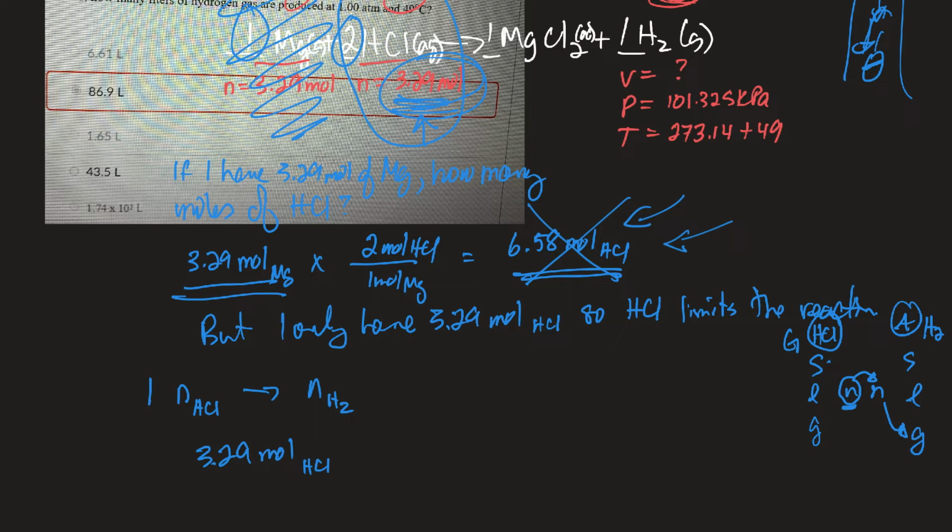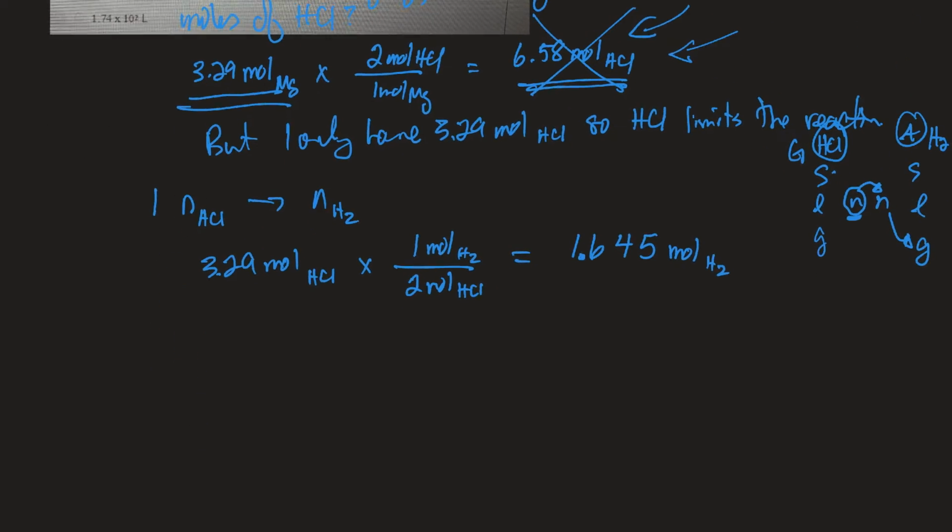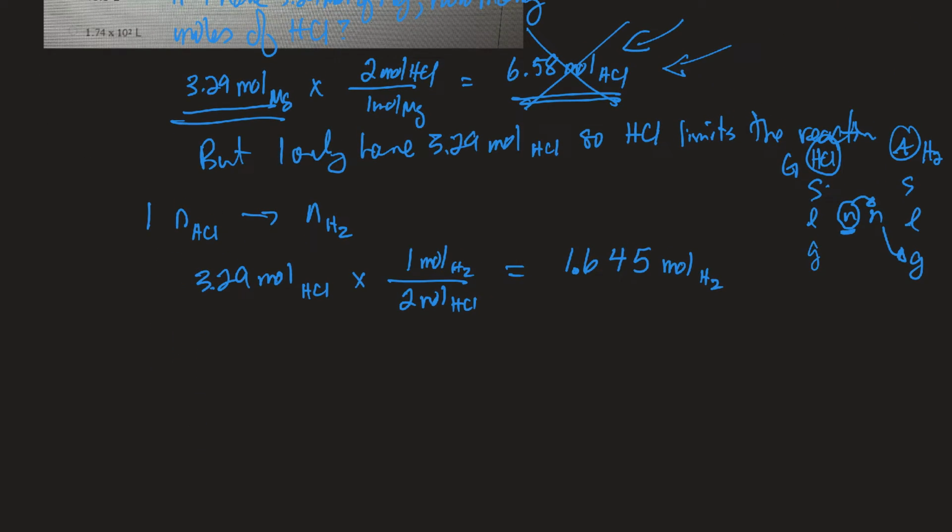So 3.29 moles of HCl times, okay, 1 mole hydrogen and 2 moles HCl. When I multiply by 1 divided by 2, that's going to come out to 1.645, I think, moles hydrogen.